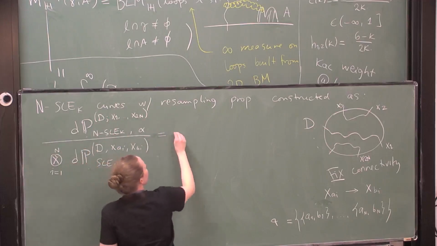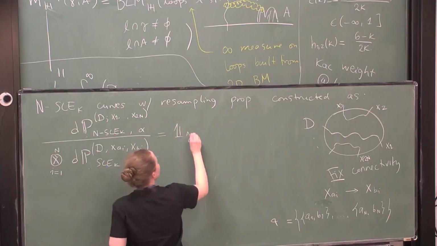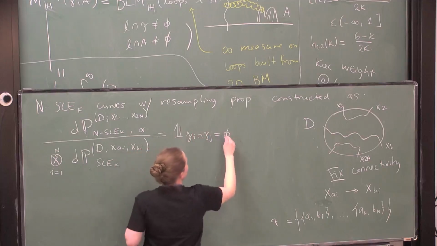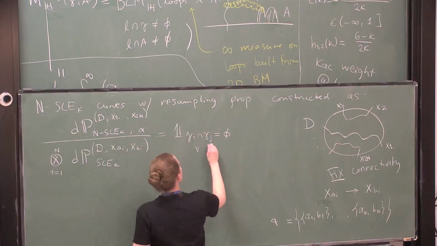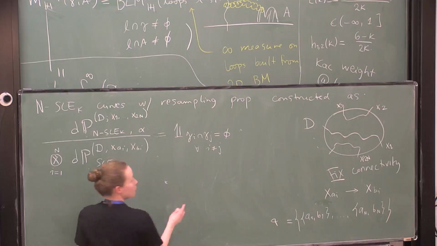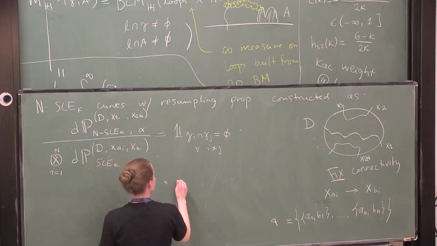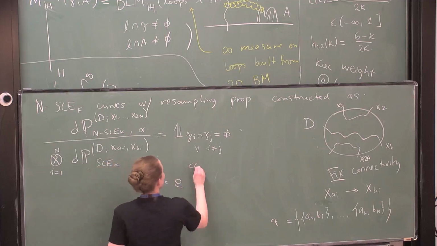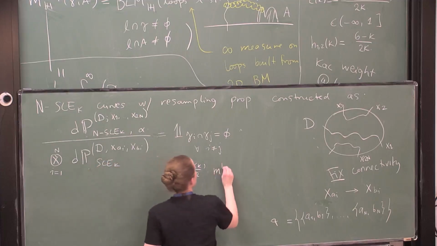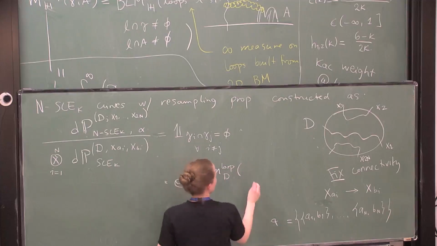So what is this? Again, I need the indicator function that they don't cross, because that's natural for my discrete models, and then times an exponential interaction part, which is very similar to before. So there's c over kappa times the loop term in D. Let me write it like that.